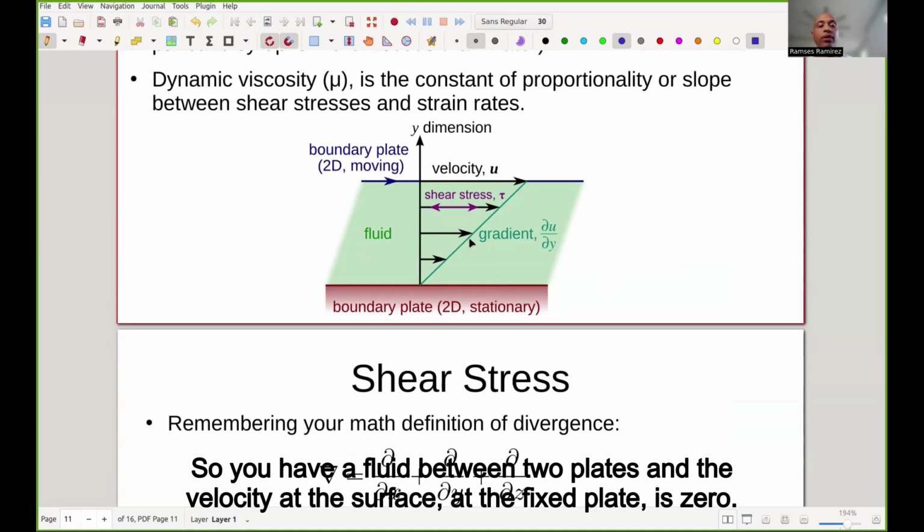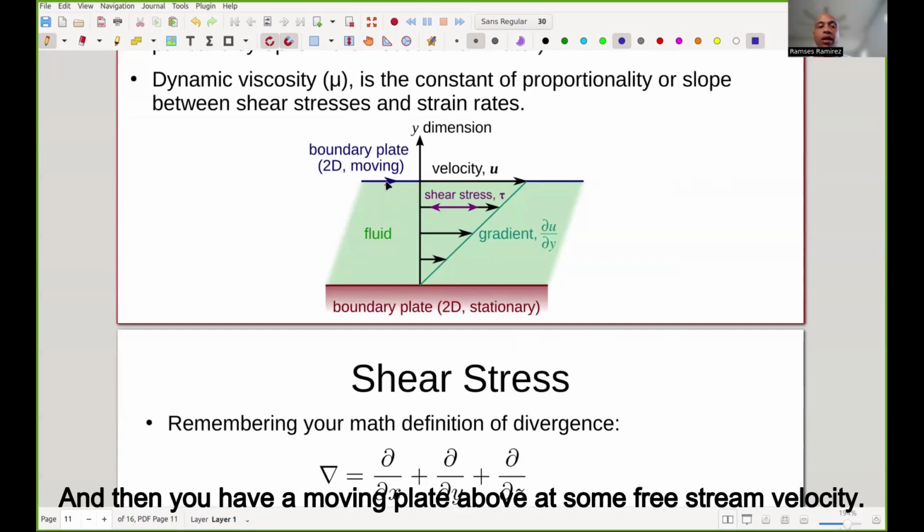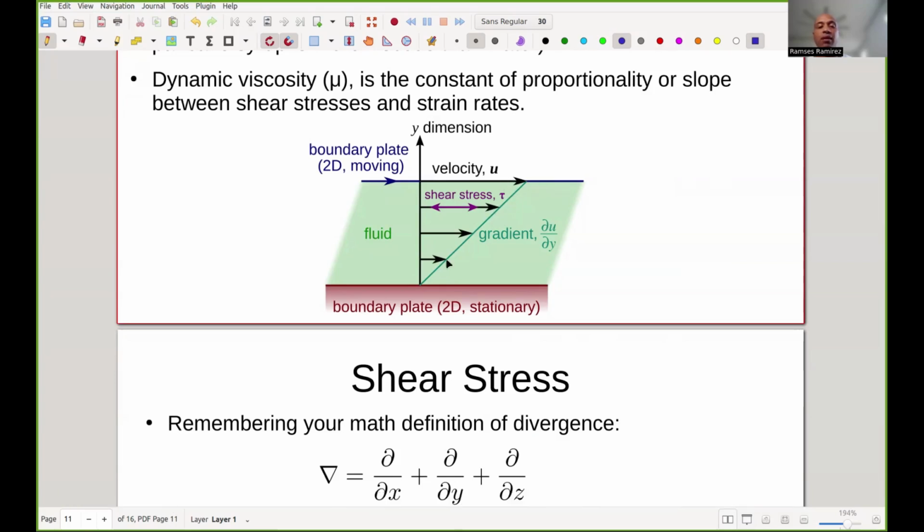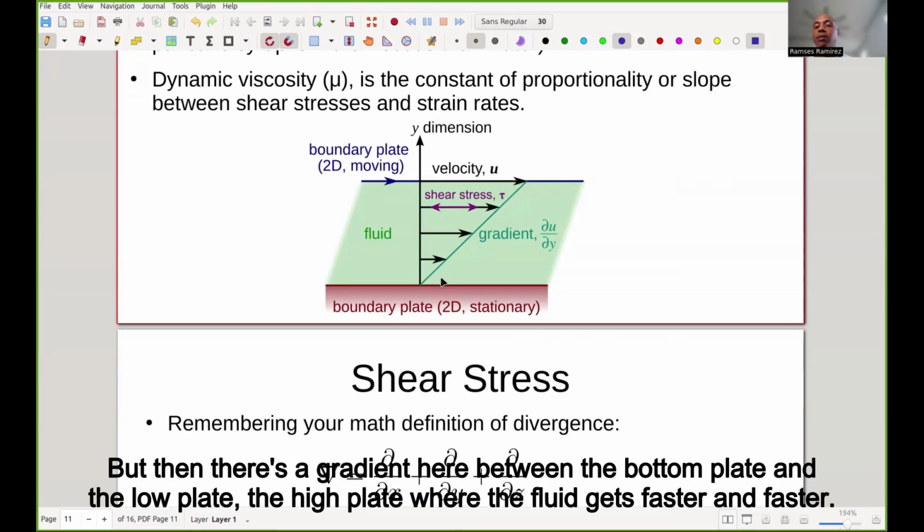So you have a fluid between two plates, and the velocity at the surface of the fixed plate is zero, and then you have a moving plate above at some free stream velocity. But then there's a gradient between the bottom plate and the high plate, where the fluid gets faster and faster.